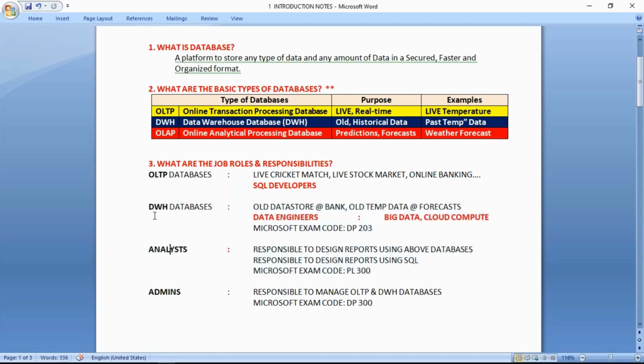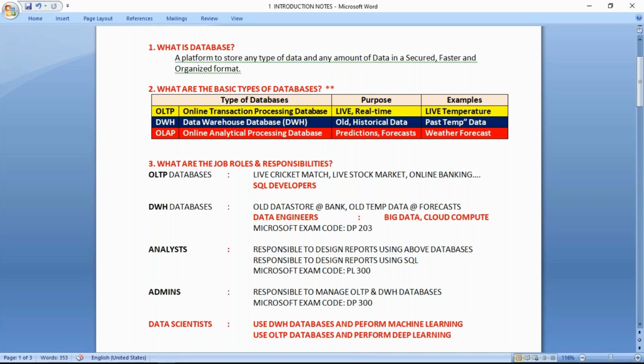Data warehouse and analysts are required, even for data science also. In case you are planning for data scientists, what do they do? Use DWH, data warehouse databases, and perform machine learning. This is the actual concept. Without data warehouse, no machine learning at all. Remember that. And use OLTP databases and perform deep learning, we call.